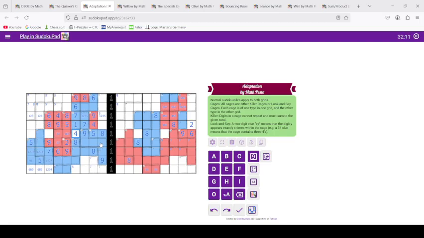We have 1, 2, 3, and 6 to go. We can add 2, this is 1, 3, and 6. That's a 7. That's a 7. This is a 4. That's a 3, that's a 6. Those cells are 1 and 2. That's not a 4. This is 3 and 6.